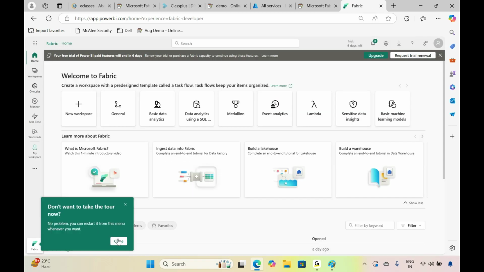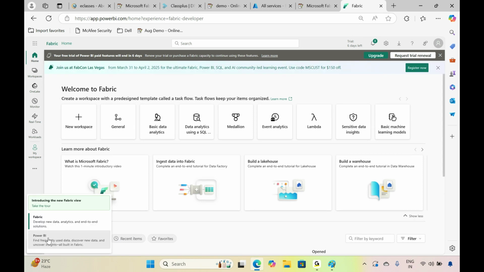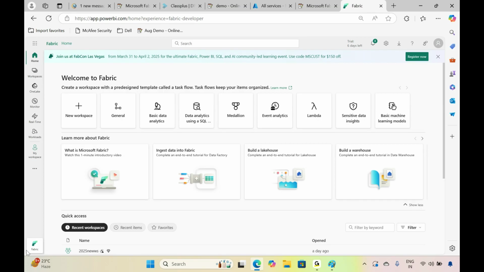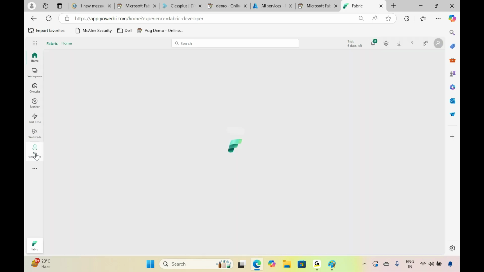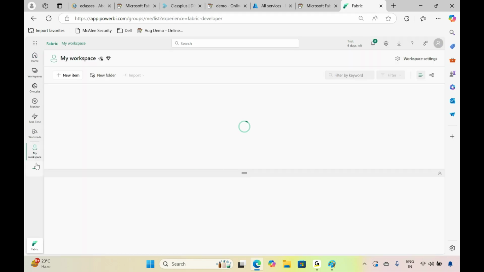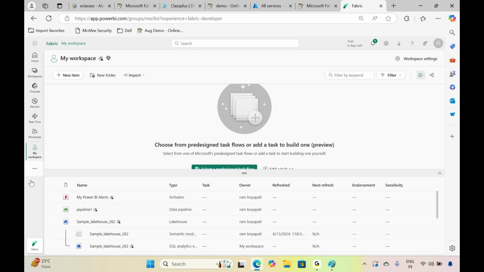Here you can see in the bottom, one second. Yeah. So this is our Fabric environment. Okay. This is our Fabric environment.